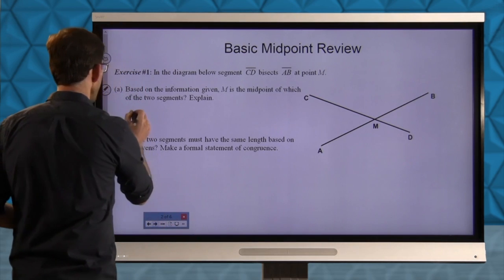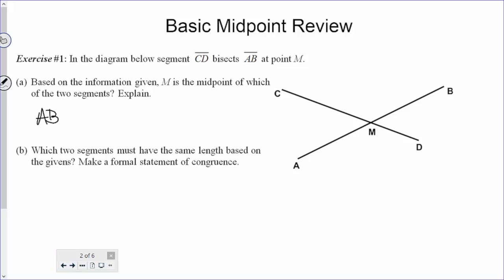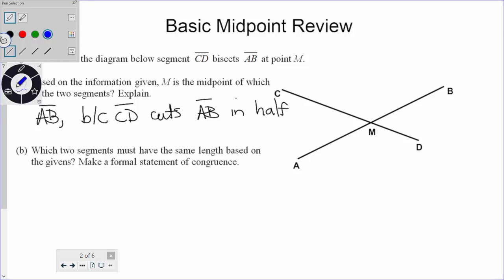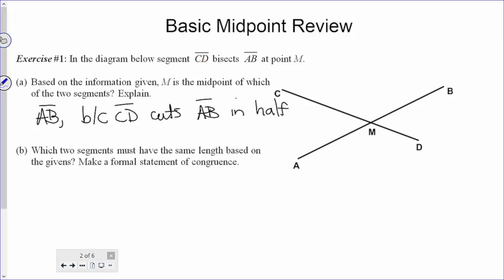Hopefully, you said segment AB. Okay, and that's because CD cuts AB in half, right? CD is the bisector of AB, right?